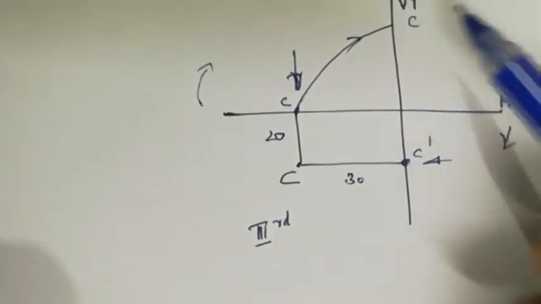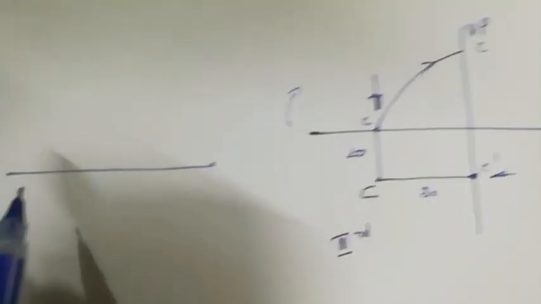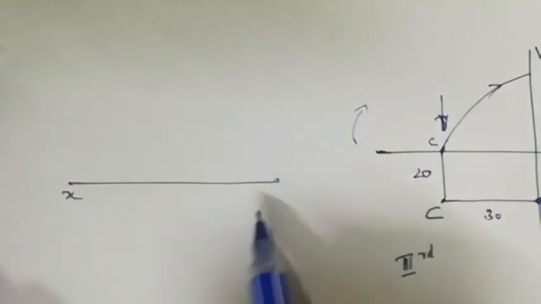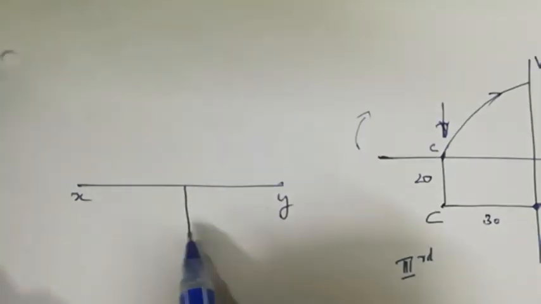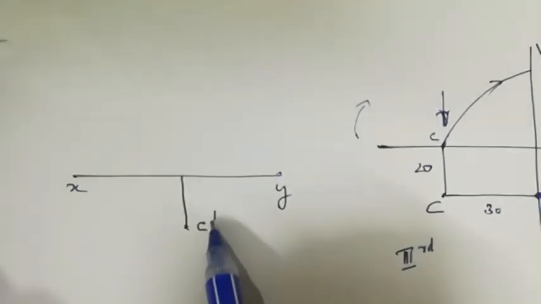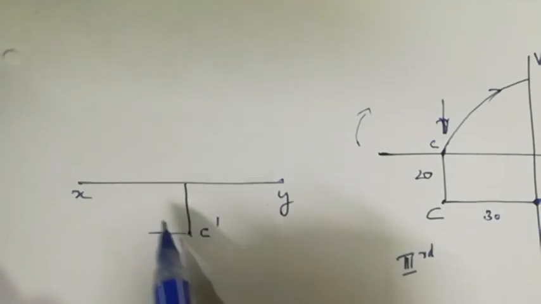So this is C. If we draw it separately, this is the XY line, and 20 mm below you get C dash, and that may be dimensioned here.